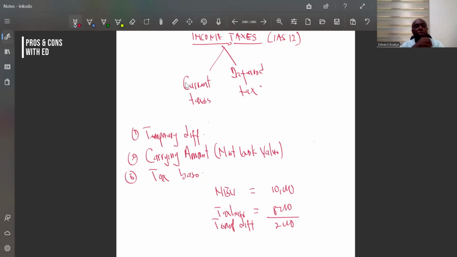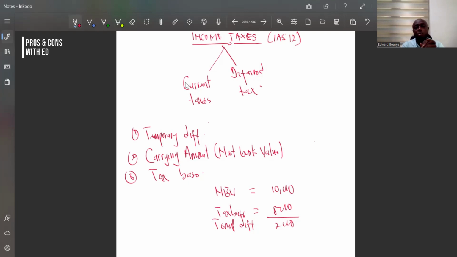Now, how do we calculate carrying amount? Carrying amount is just your cost less depreciation. Then what about tax base? Tax base is your cost less what? Capital allowance. So now we understand carrying amount, tax base, and temporary difference.